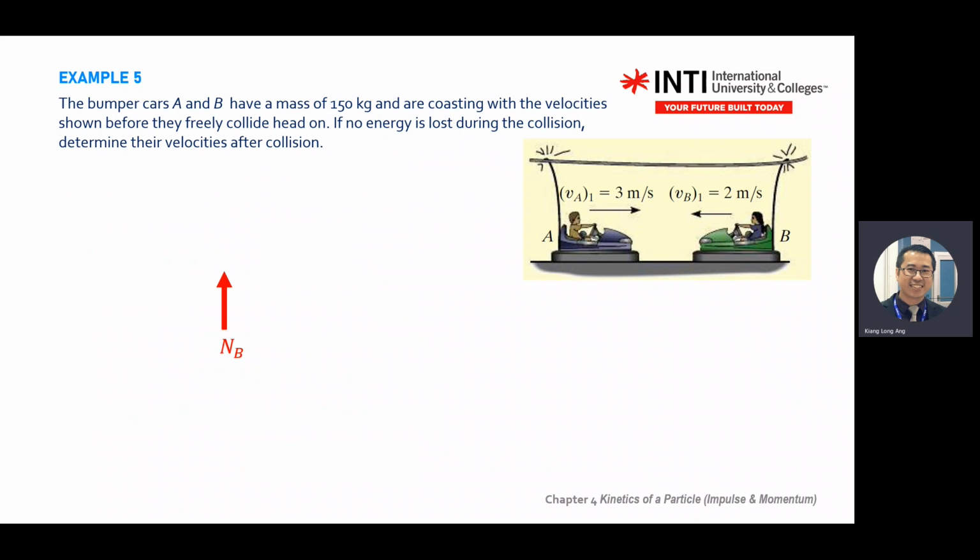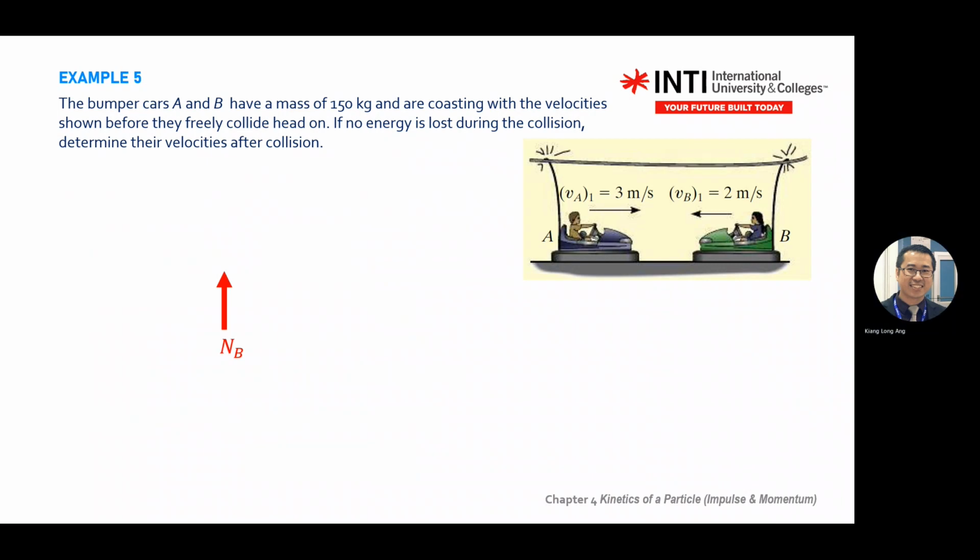You're given the mass of each body, 150, each is also 150, same, and the velocity is given. If no energy is lost, this also means the conservation principle is applied. Determine the velocity after collision.